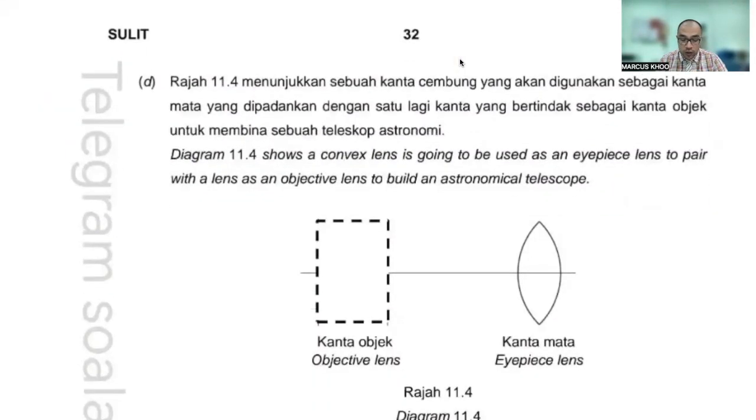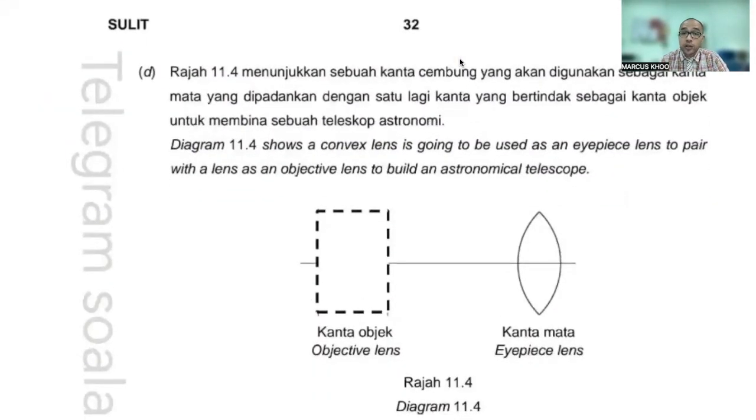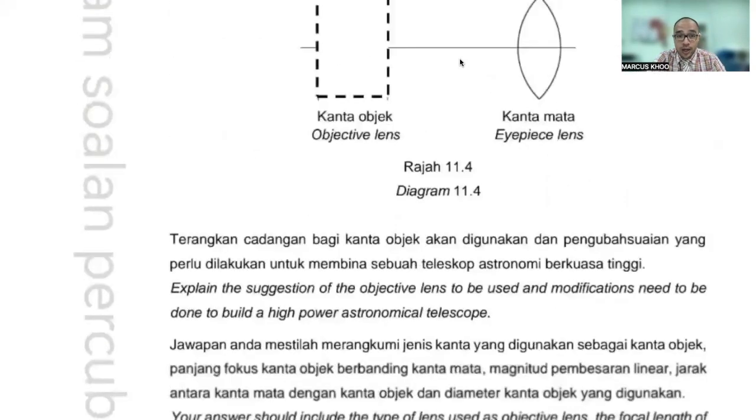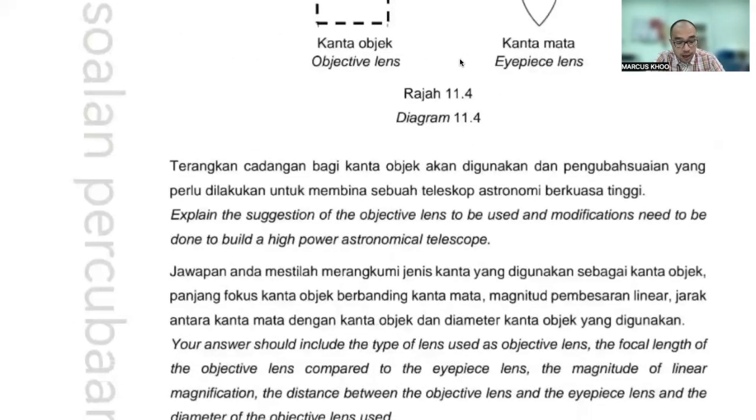Now, diagram 11.4 shows a convex lens going to be used as an eyepiece lens to pair with an objective lens. So you have the eyepiece lens, but you need to look at the objective lens. Explain the suggestion of the objective lens to be used, and the modifications needed to build a high-power astronomical telescope.